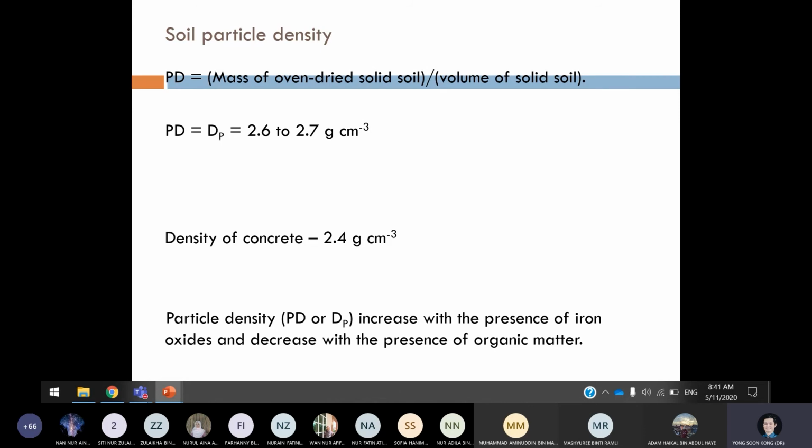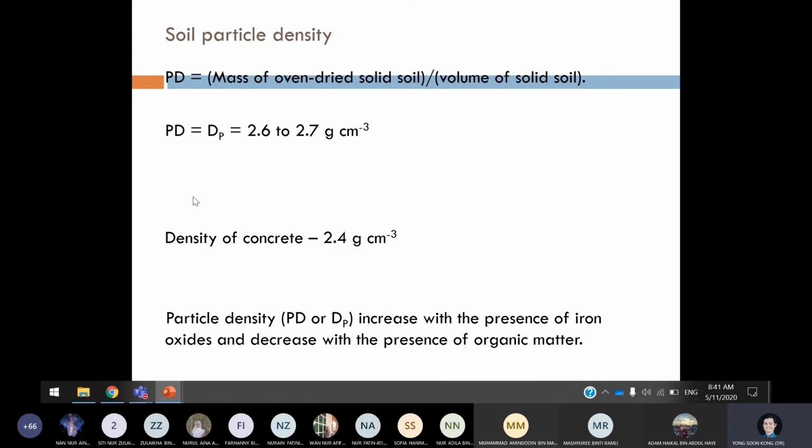If they're less dense, then maybe they are lighter. So some soil may have lighter components like organic matter. If there is organic matter inside, it is not as dense as the mineral component, and hence they might have a lower particle density.